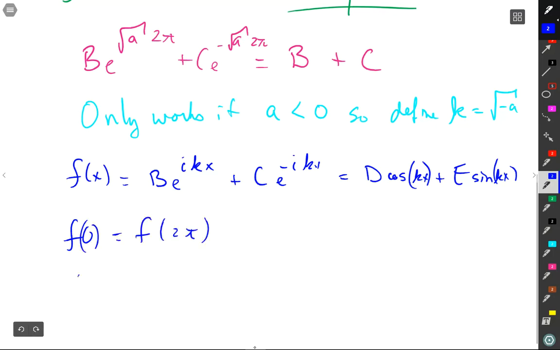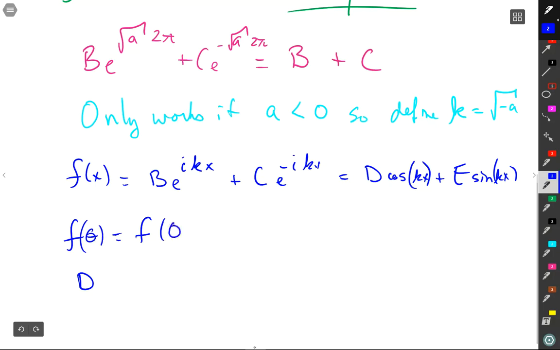Now I'm going to have, well, let's be a little more general. It didn't say f of 0 equals f of 2 pi. It said f of theta equals f of theta plus 2 pi.